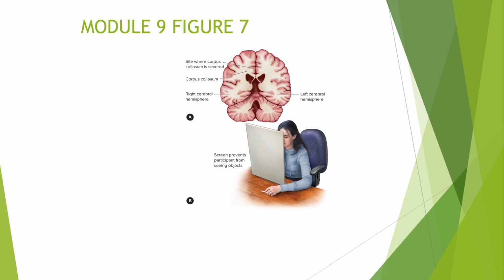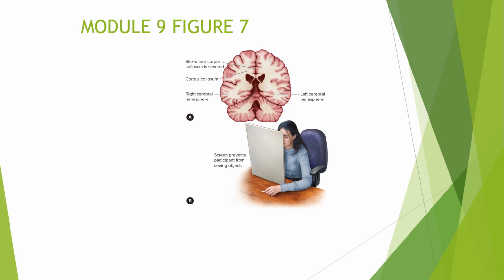If you look in your textbook, it says a split brain patient is tested by touching objects behind a screen. Patients could name the objects they touched with their right hand, but they couldn't name them when they touched them with their left hand. Now think about this. Remember we said that the left hemisphere is in charge of verbal behavior and the right hemisphere is in charge of nonverbal behavior.